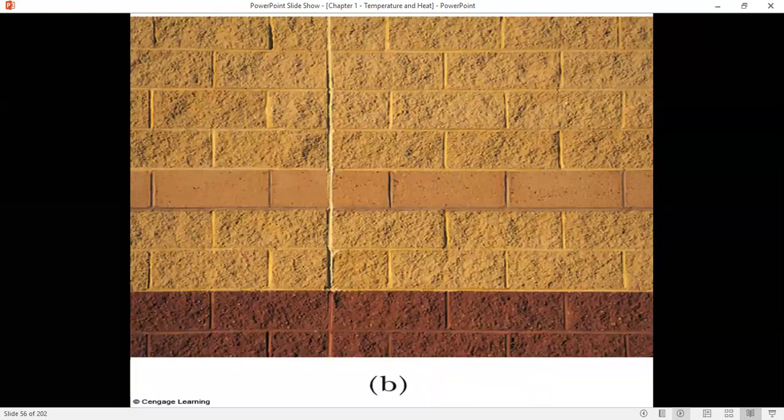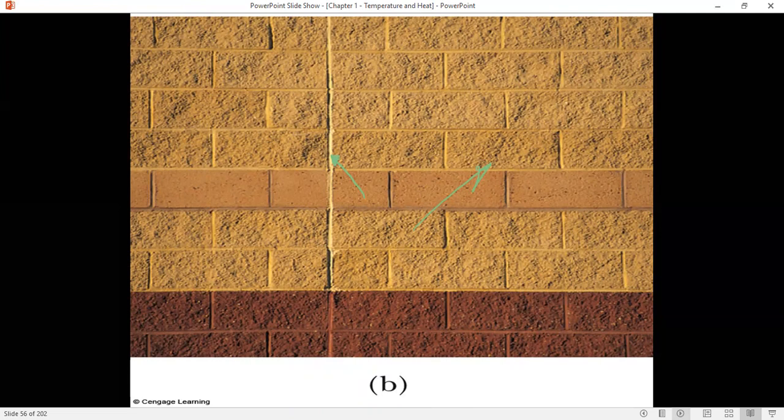Here you can see an expansion joint. This is some type of elastic material, some type of polymer, and we can see this concrete block wall, which has this little joint in here because on a hot day, the concrete will expand.